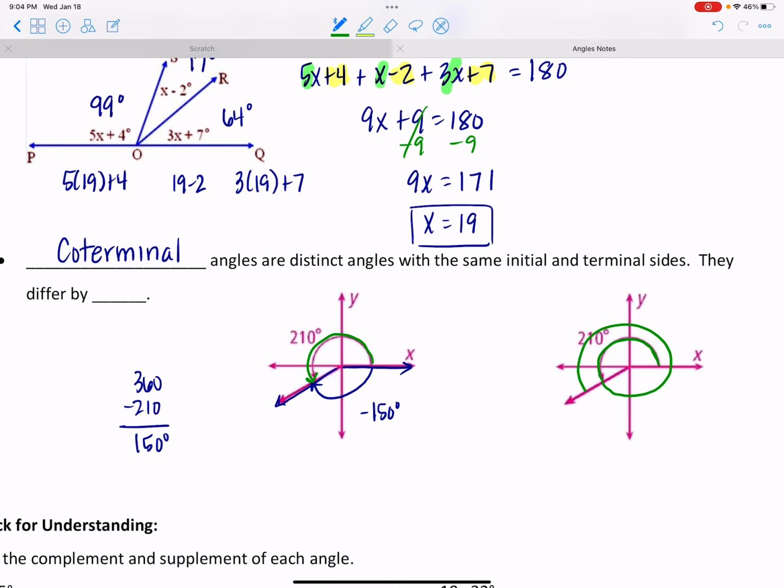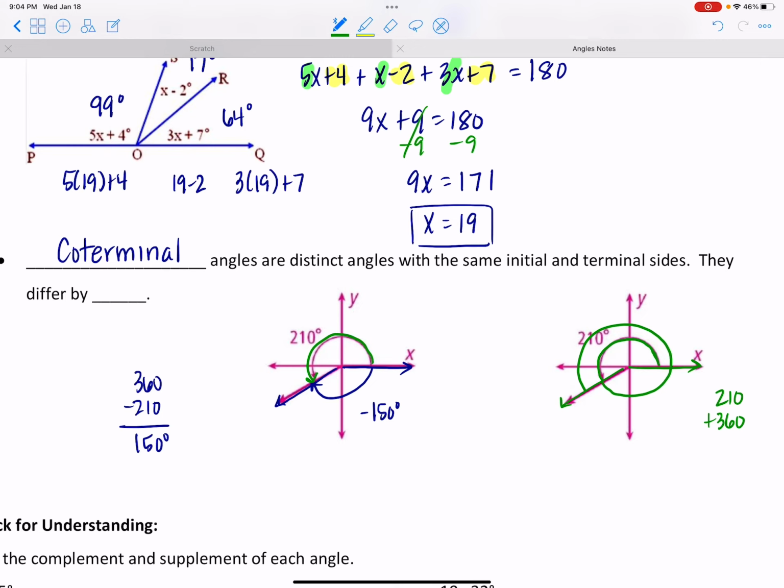Just add on a complete circle. So I have that initial 210 that I did, and then I add on a complete circle from there, then I'm going to land in the same exact spot. So those would be two coterminal angles, but I'd have to add the 360 to the 210.